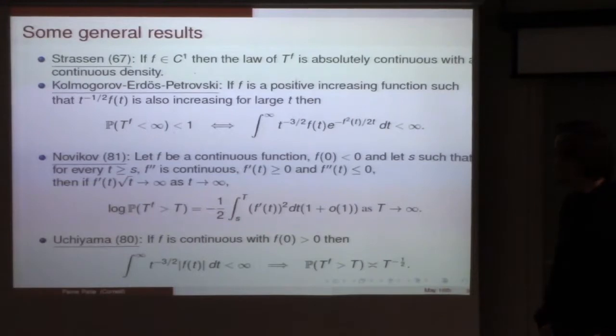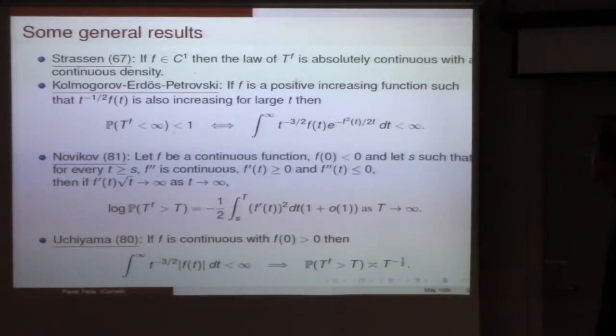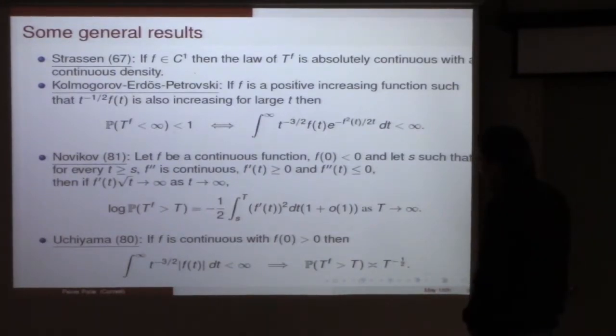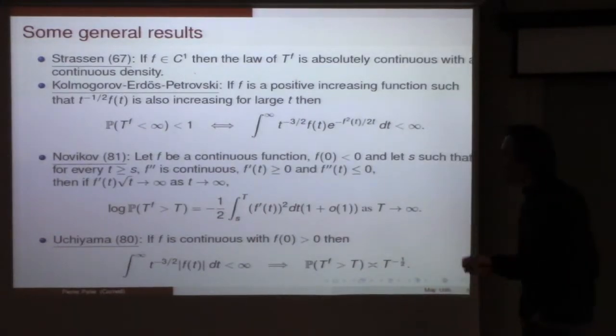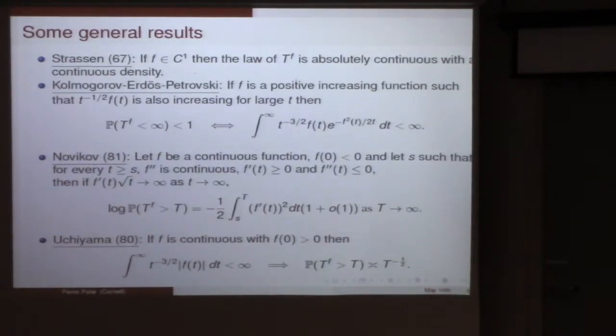Okay, so that is not all the results about this topic, because there is a huge amount of results related to this problem, but that's probably among the most important ones.